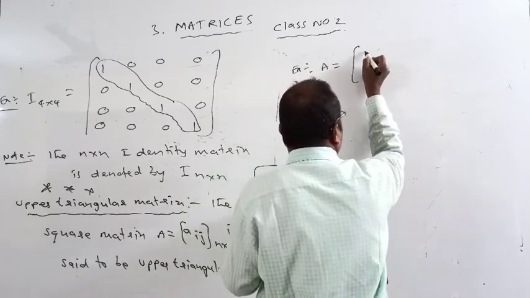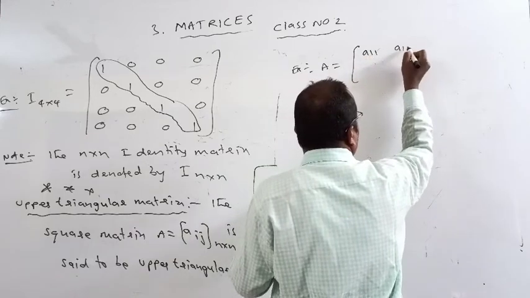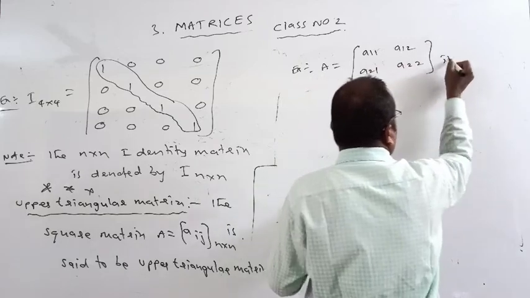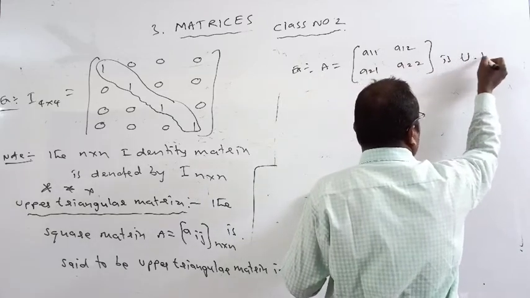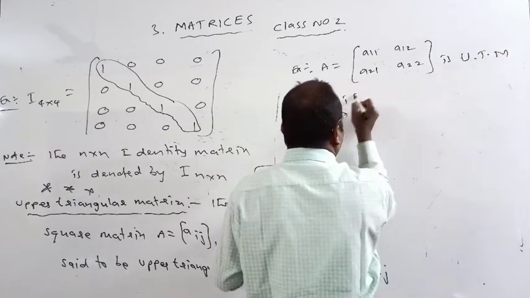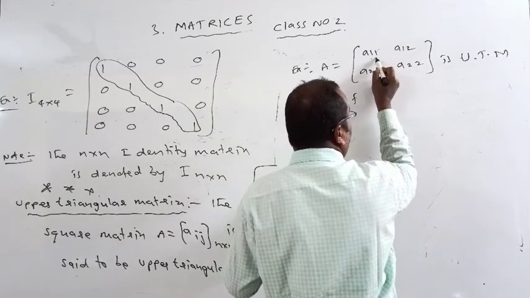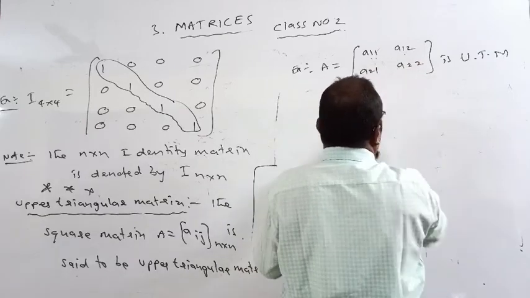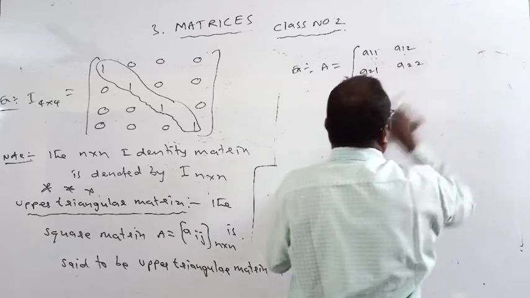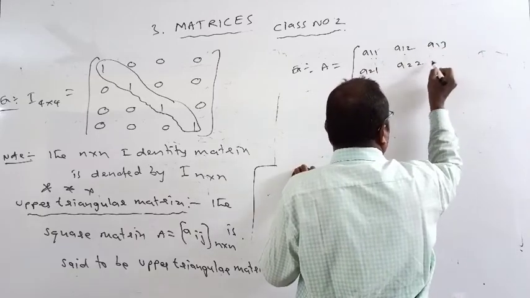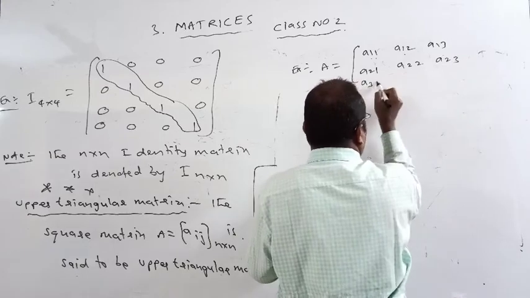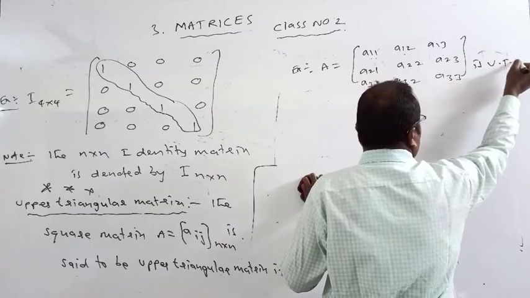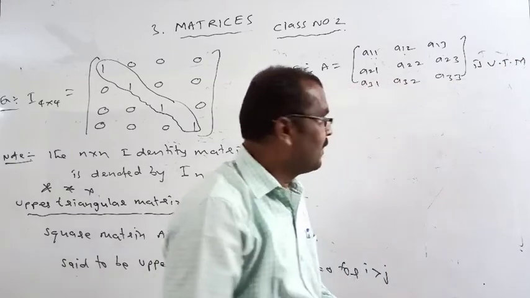A11, A12, A21, A22 is an upper triangular matrix if A21 is zero. For the 3 by 3 case: 1 2, 1 3, 2 1, 2 3, 3 1, 3 2, 3 3.